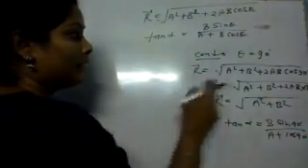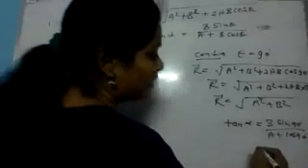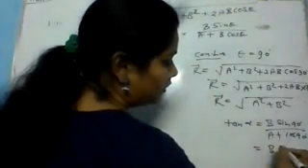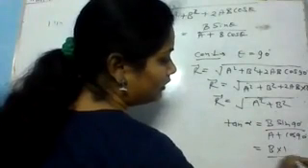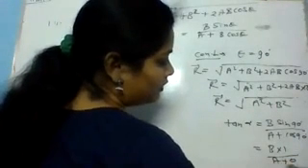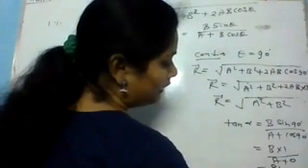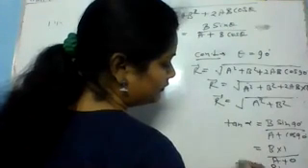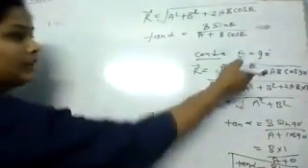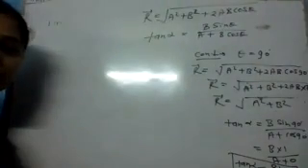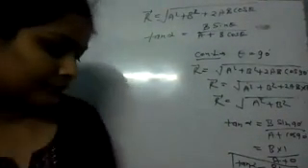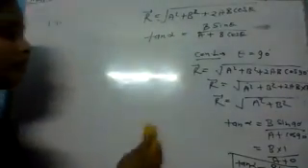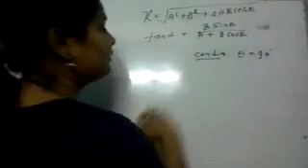The value of sin 90 is 1 and the value of cos 90 is 0. So this will be B upon A. This is the direction in the case of theta equals 90. Is this clear? Yes, ma'am. Okay. Now let's take the third condition.